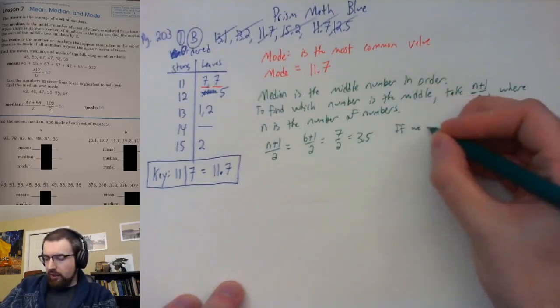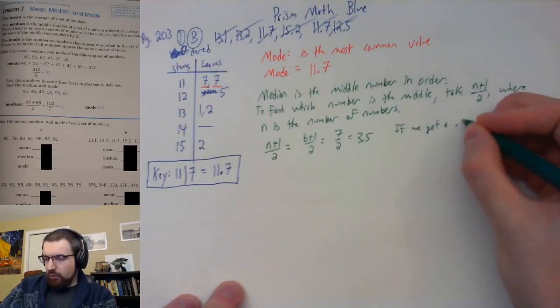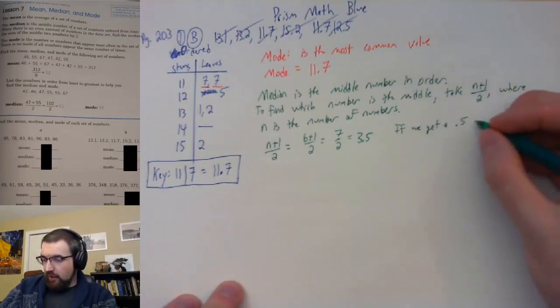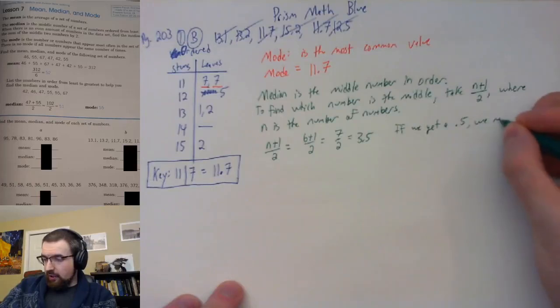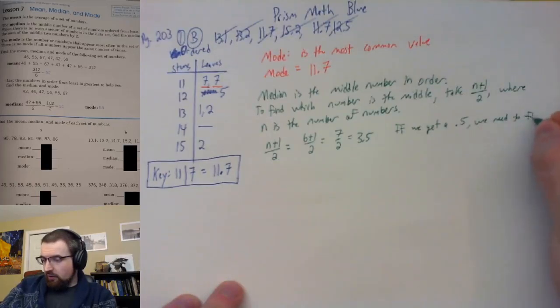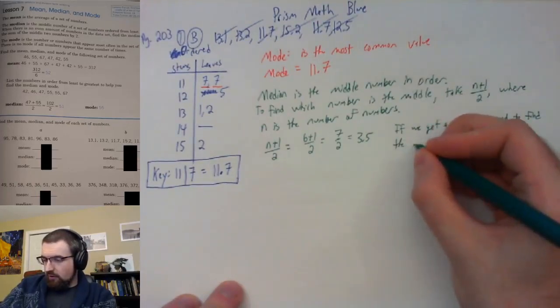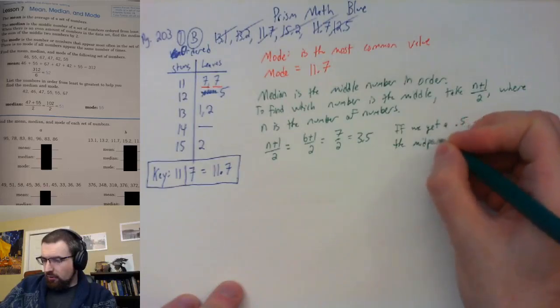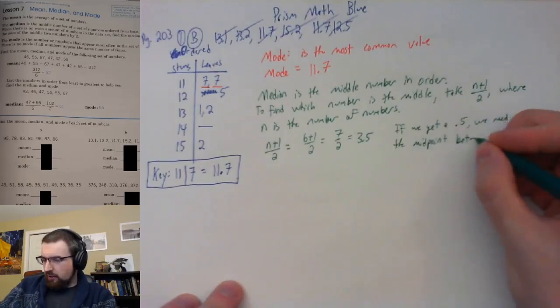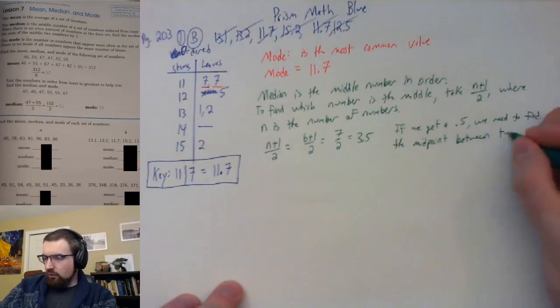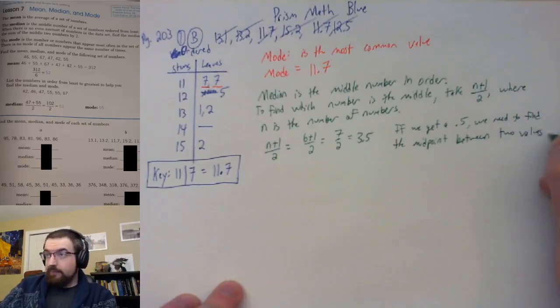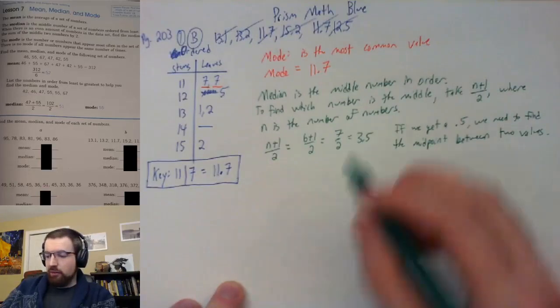So if we get 0.5, we need the midpoint between two values, right? So the midpoint between two values, which two values are we taking?